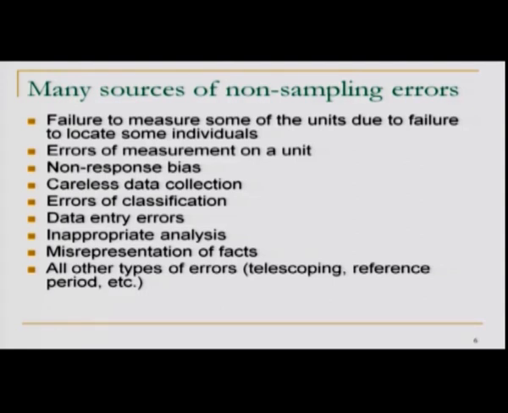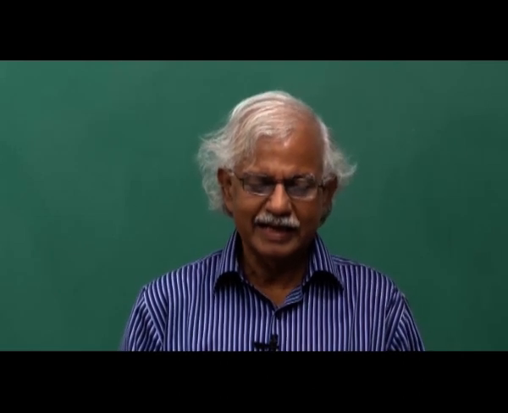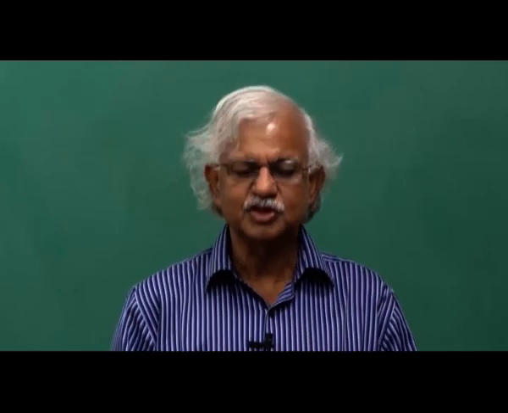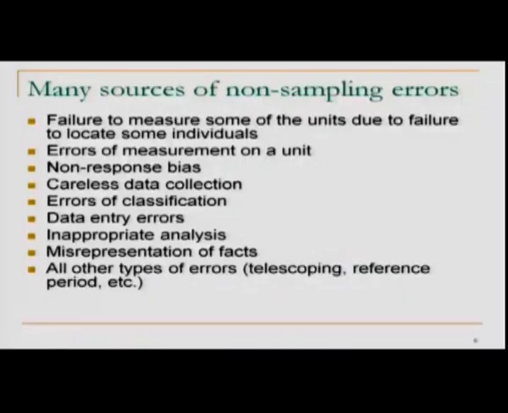All measurements are dependent on methodologies, on instruments, and errors related to instruments and measurements are part of non-sampling error. Non-response bias. There will be many people who will not respond to you, they will not answer any question, or they will answer some questions, but not others, and therefore, against many questions you have to write non-response or missing.